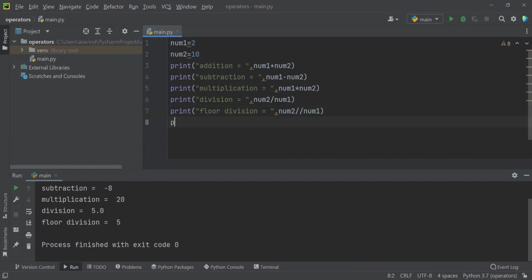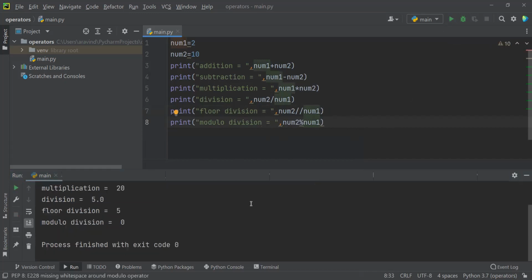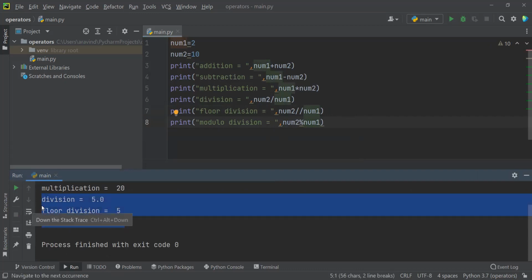And also we have modular division. What does modular division return? Here we replace the division symbol with the percentage symbol. If I run the program, you can see I got 0. So these are the three different types. Previously I told the difference between division and floor division.